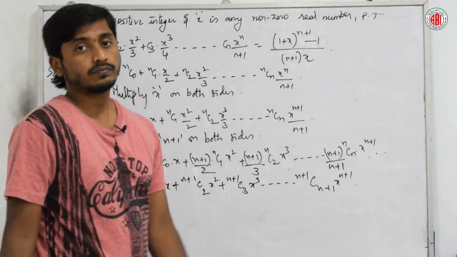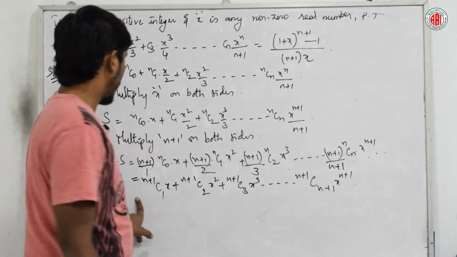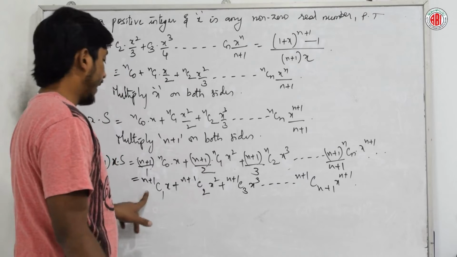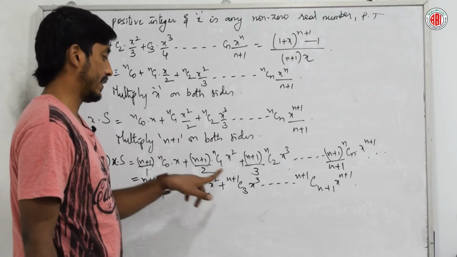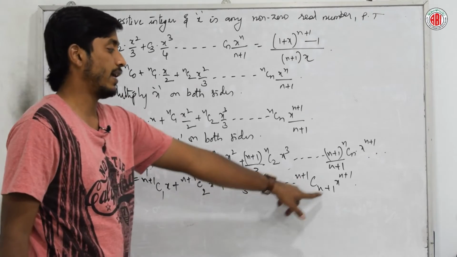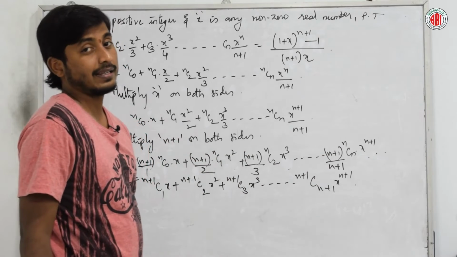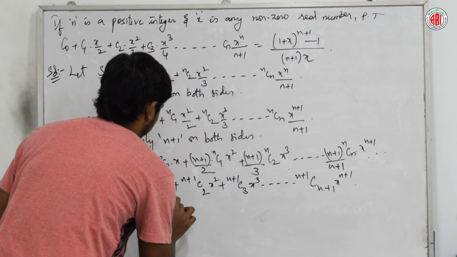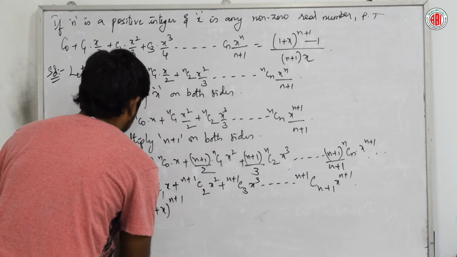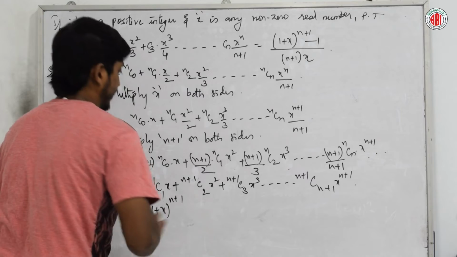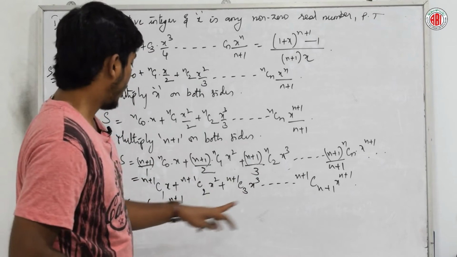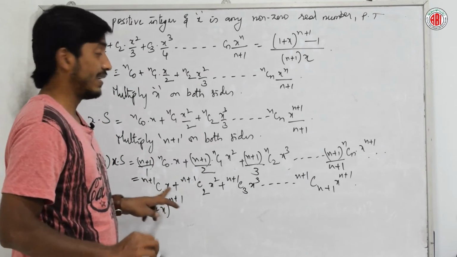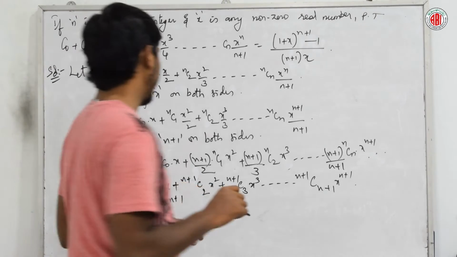What is this term? n plus 1 C1 x, n plus 1 C2 x square, n plus 1 C3 x cube and so on up to n plus 1 Cn plus 1 x power n plus 1. That is nothing but 1 plus x whole power n plus 1. This is n plus 1 into x into S, right? Or are we missing something? We are missing the first term, that is n plus 1 C0.